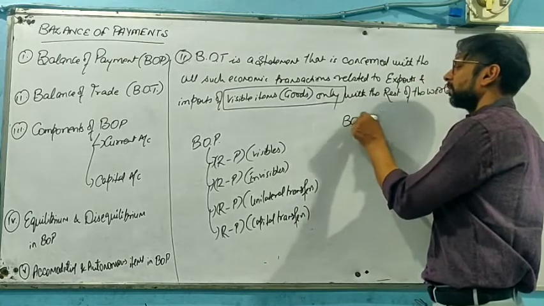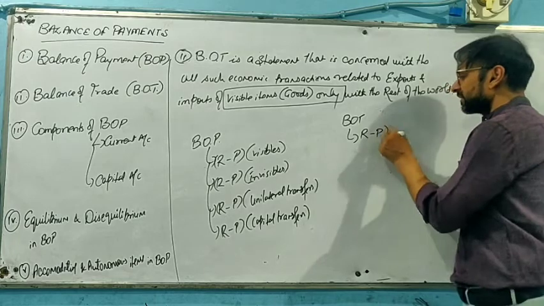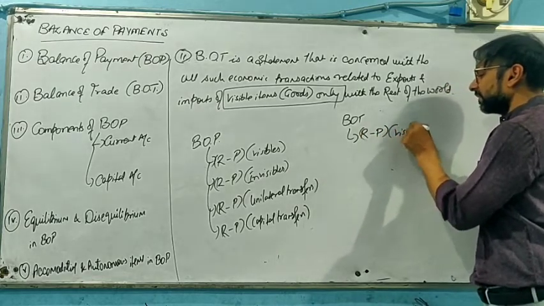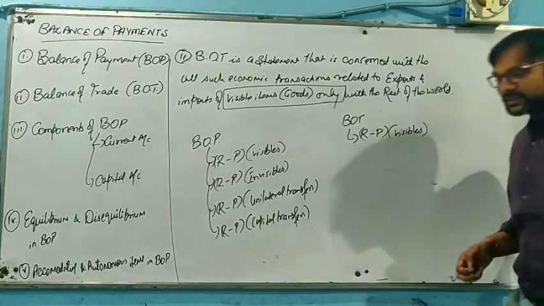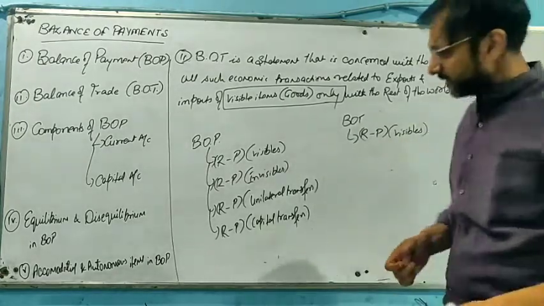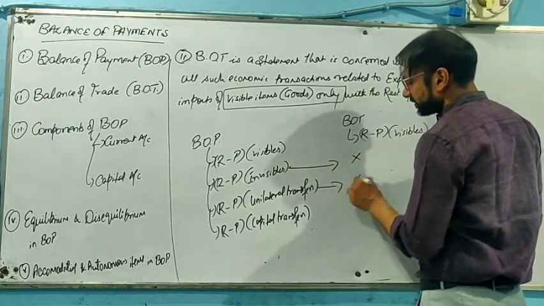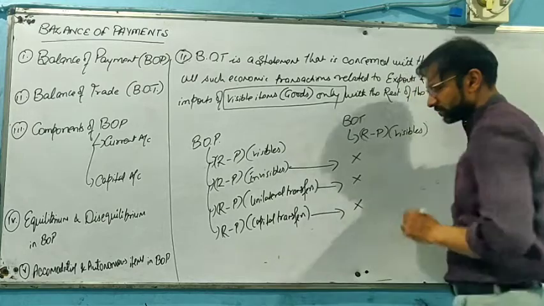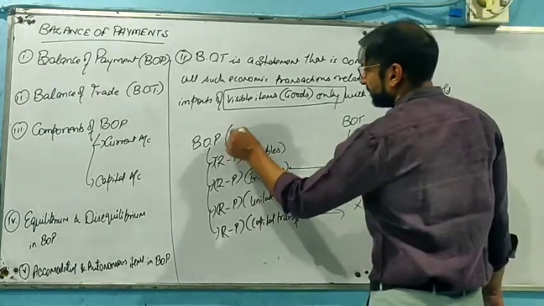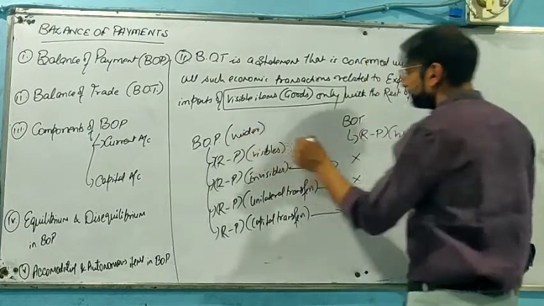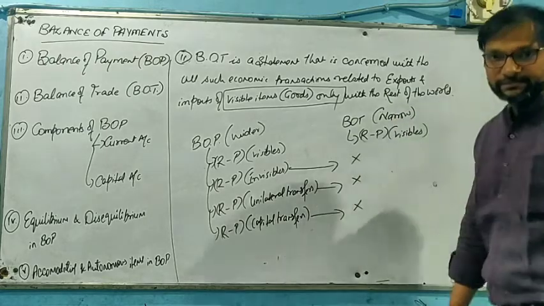Whereas balance of trade only undertakes receipts and payments of visible items. It means it is concerned with the export and import of goods only. These others are not included. That's why we say balance of payment is a wider term, and balance of trade is a narrow or limited term.